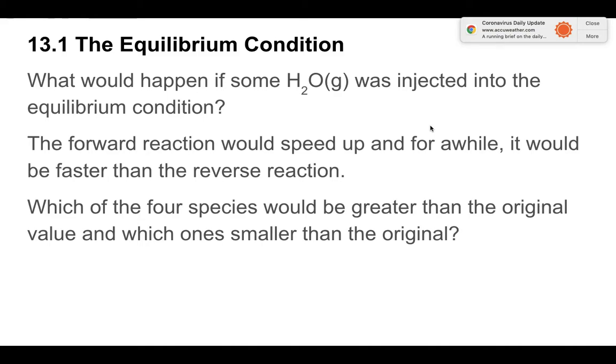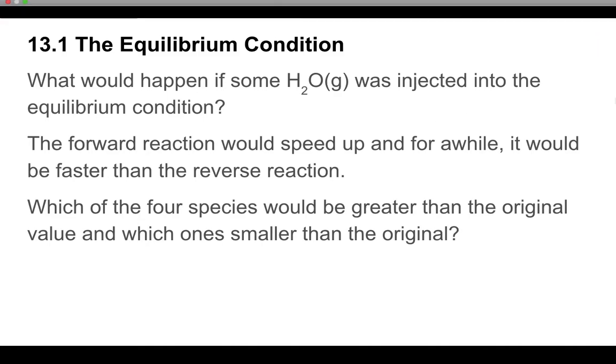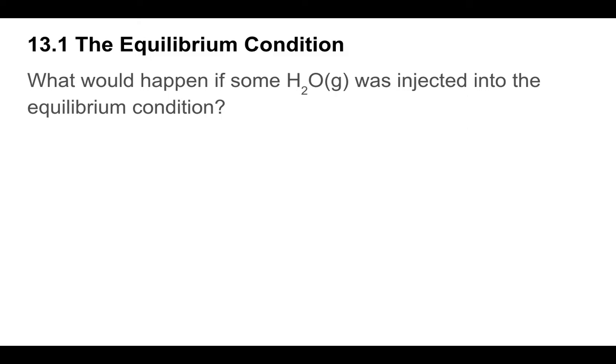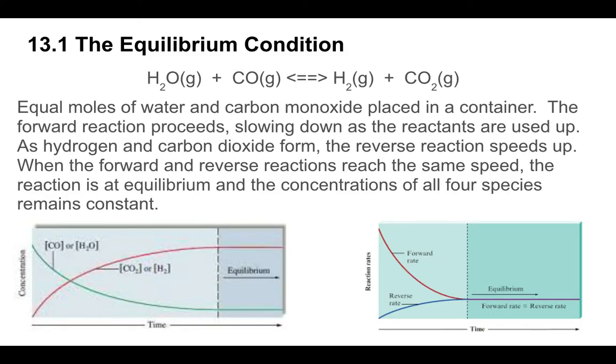So one way of really testing whether you understand this notion of equilibrium and how it occurs would be to ask you which of the four species, water vapor, carbon monoxide, carbon dioxide, and hydrogen, is going to have a greater concentration than when you started versus which ones would be smaller than the original. So if we think about the addition of the water vapor, that would have increased its concentration, but then it goes down again when the reaction goes forward faster than it goes in reverse.